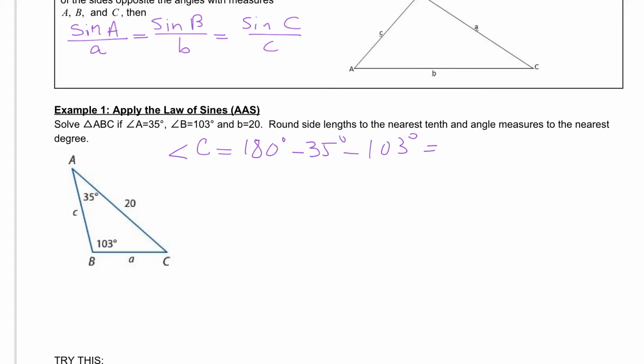And if you subtract, you get 42 degrees. That's angle C, and I'm going to label that in my triangle. So this is 42 degrees.